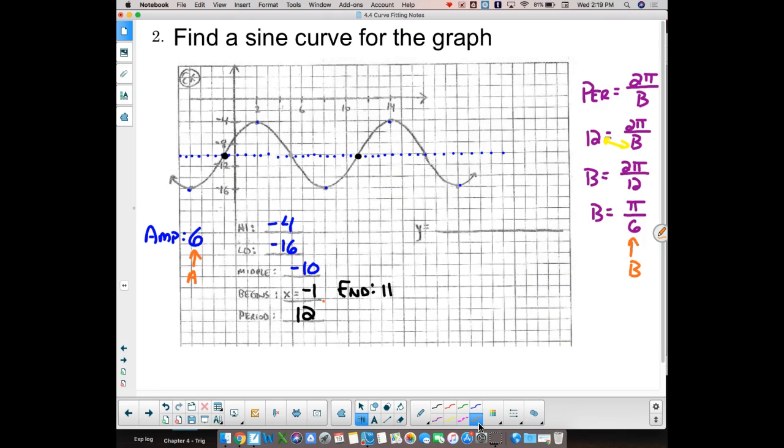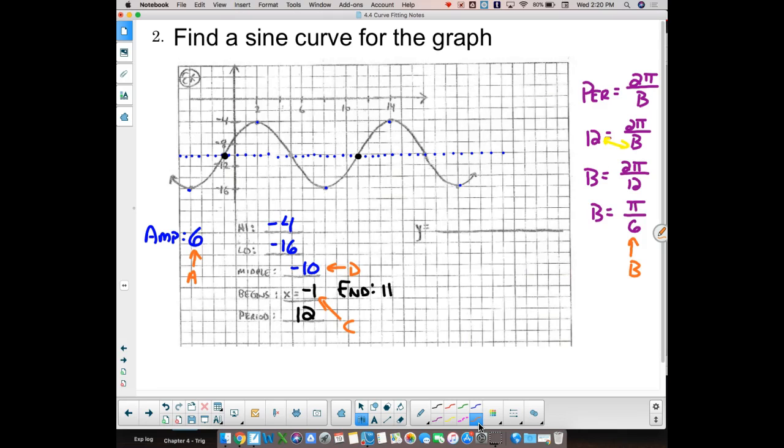It's this one right here. D. We need D. Have we found it? -10. It's the middle, right? So we found everything that we need to write out a sine curve.